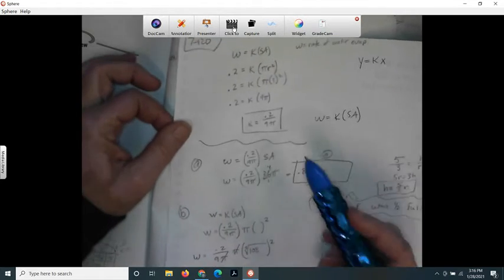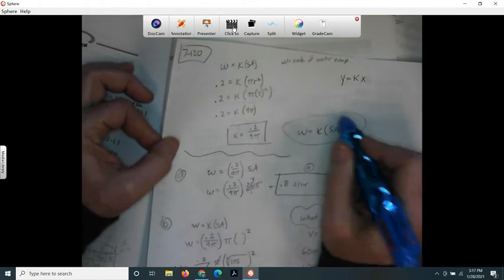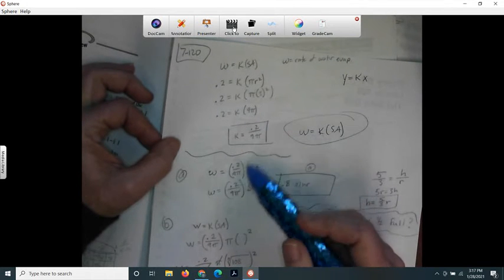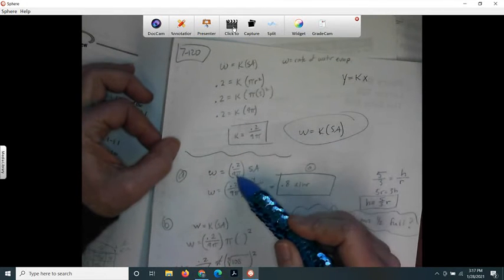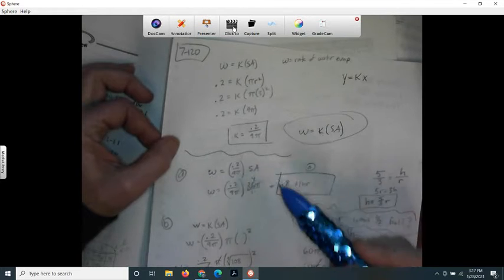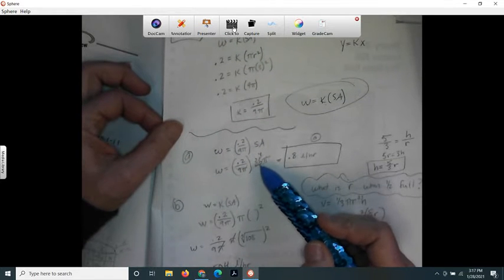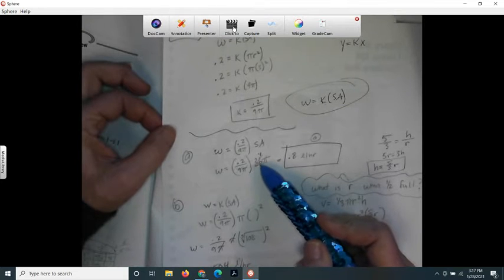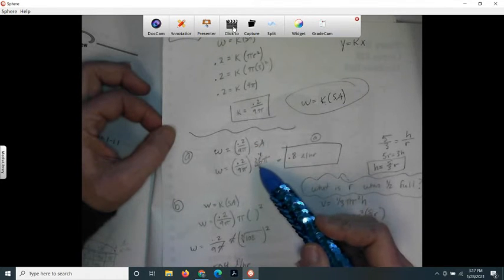So I just get out my formula. I already know what k is, because we did this work over here, so I plugged k in here. And then the surface area, when the radius is 6, that 36 was 6 squared. The surface area is pi r squared.